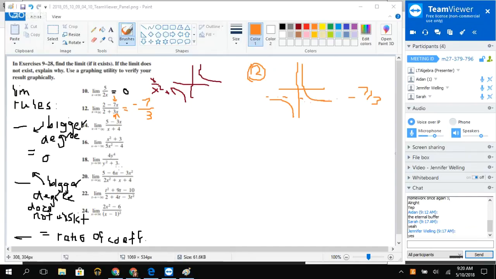Your numerator is going to increase greater than your denominator is. So your numerator is going to keep getting bigger and bigger and bigger while your denominator is also increasing. So when we talk about something that has a degree that's bigger in the numerator, then the limit for this does not exist.